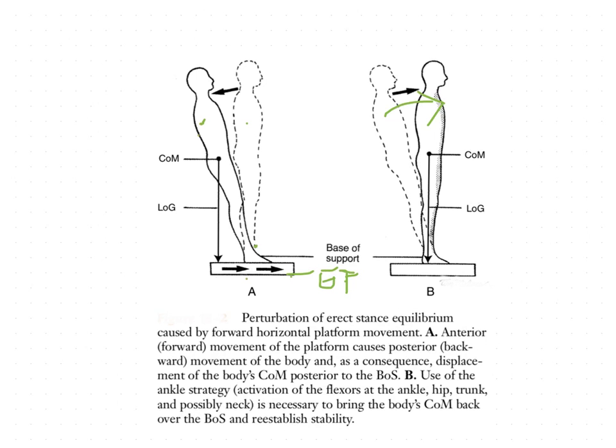Okay, that is activation of the flexors and hip, trunk and possibly neck all combined to work, and again the person comes back to his original position. So this is the external force, and for this reaction the body is undergoing some other reactions to come to his or her original position.